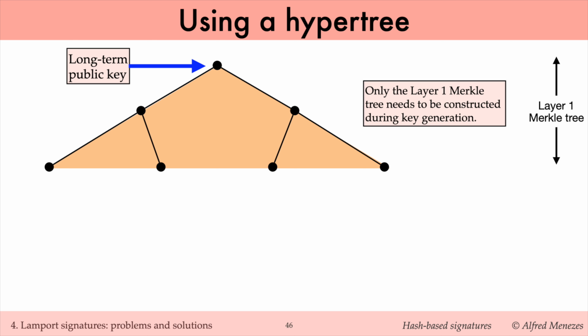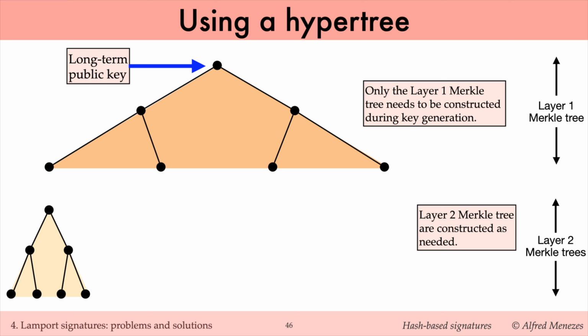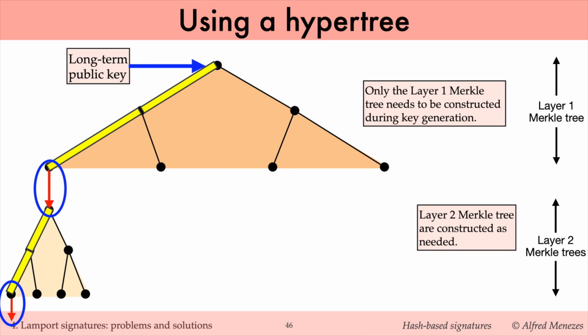For instance, when signing her first message, Alice would generate the first layer 2 Merkle tree. She signs the root of this tree using the private key associated with the leftmost leaf of the layer 1 tree. And she signs the actual message using the private key associated with the leftmost leaf of the layer 2 tree. Her signature will include the layer 1 signature, which authenticates the layer 2 root, the layer 2 authentication path, and the layer 1 authentication path.